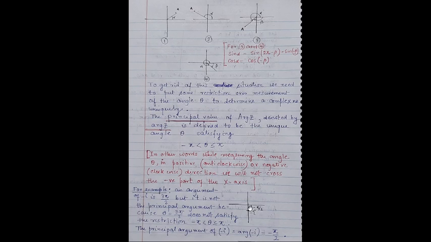We will not take 3 pi by 2, because it is more than pi and crosses this line. So we take minus pi by 2 as the principal value of the argument, and the polar representation will look like what?